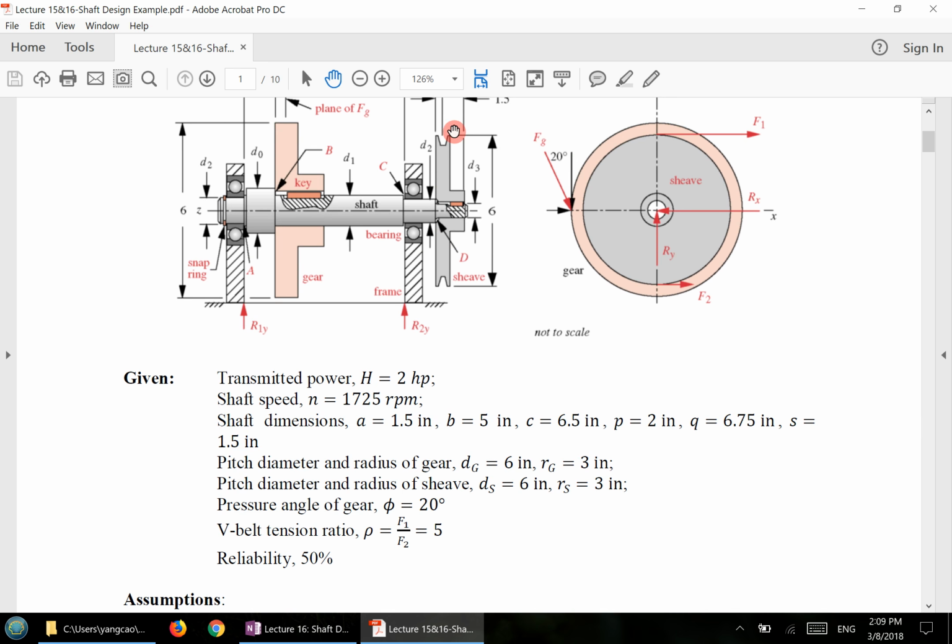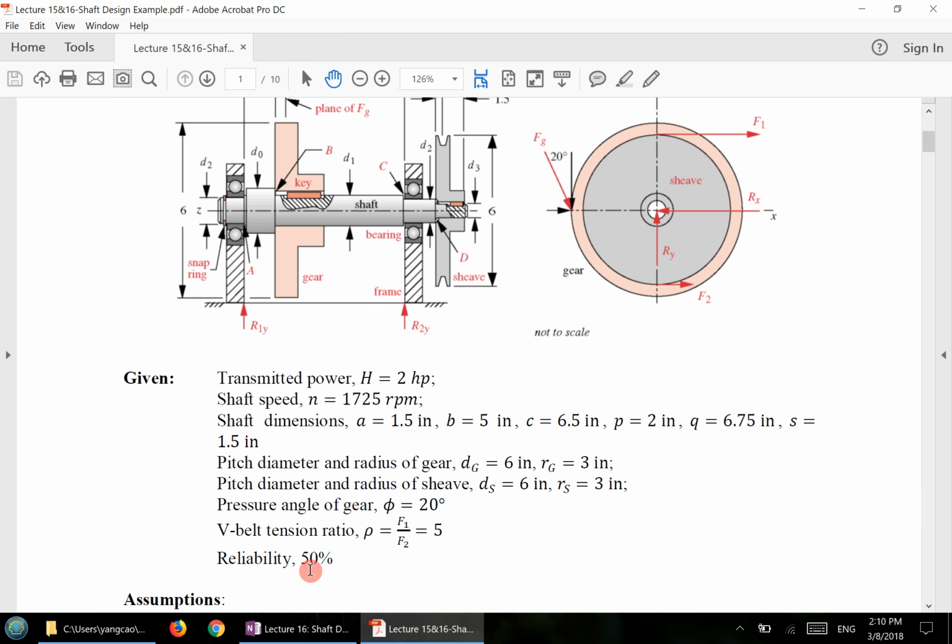There's a belt on the end here, so there's a tension. F1 and F2 refer to the tension forces on the V-belt. The ratio is also given, and there's a 50% reliability. I'll show you roughly the procedure without too detailed calculations.